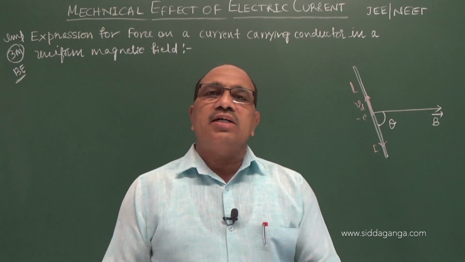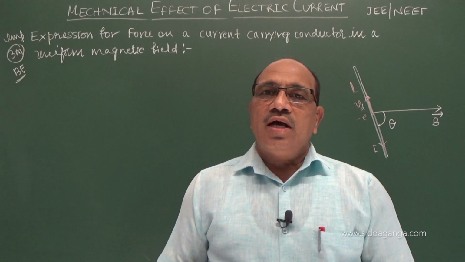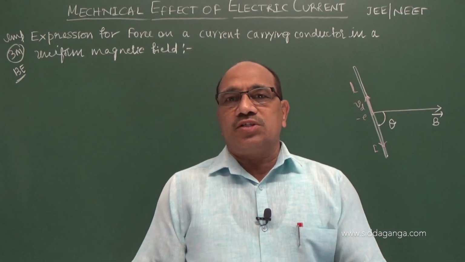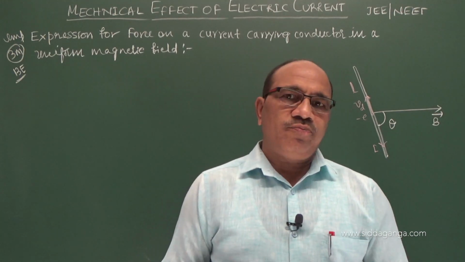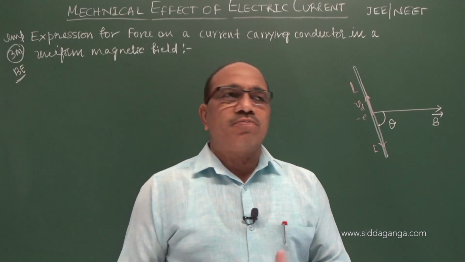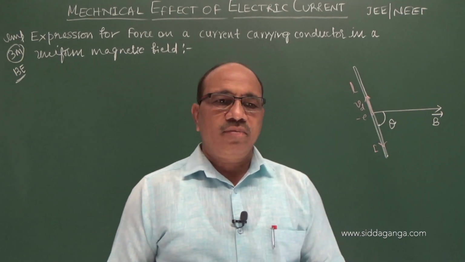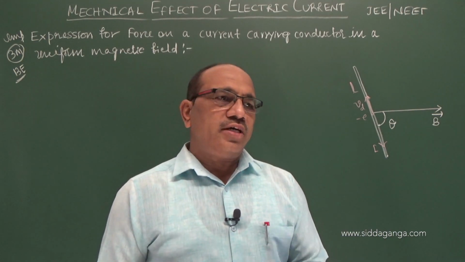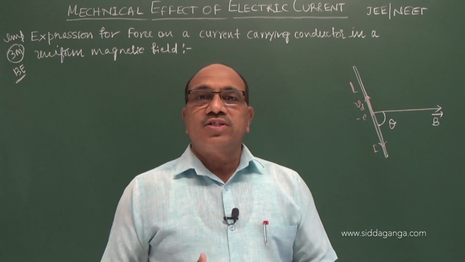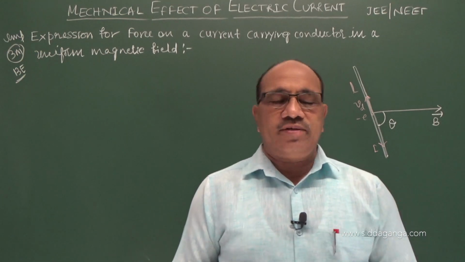When we pass current through a conductor which is in a magnetic field, it experiences a force, and if it is connected to any body, then the body will move. So now we have to see in this chapter on what factors this force depends. And one major application is a device which is used to measure or detect current, the moving coil galvanometer.